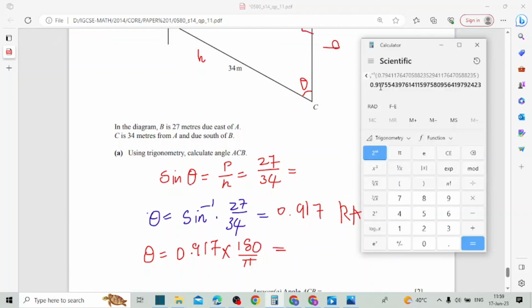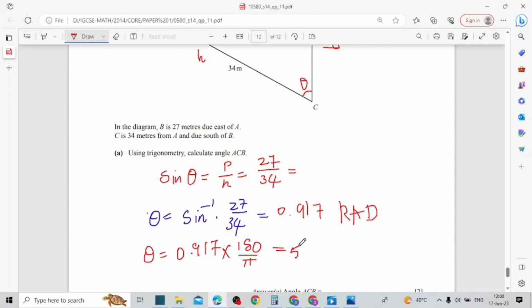0.917 times 180 over pi gives 52.5. We took only the first three decimal places, so we can also add one more digit. Altogether, as a round figure, it is 52.6 degrees.